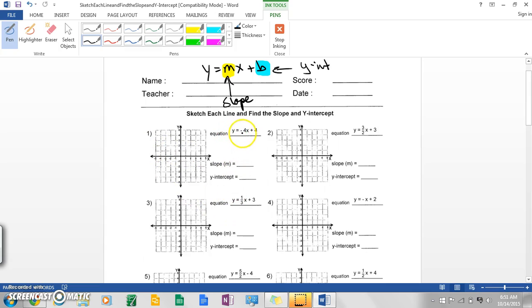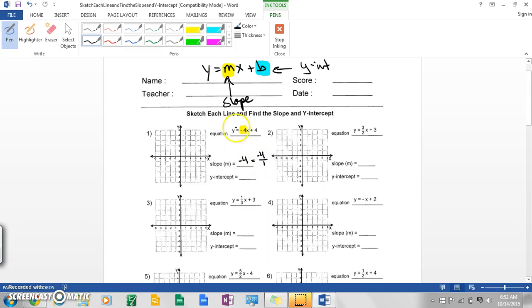In our equation, y equals negative 4x plus 4, the first thing we have to do is identify the slope and the y-intercept. We can pick out the slope as this number in front of the x, which is negative 4. So for slope, I'm going to write negative 4. Keep in mind when our slope is given to us as a whole number, we can write it as the whole number over 1, because negative 4 divided by 1 is just negative 4.